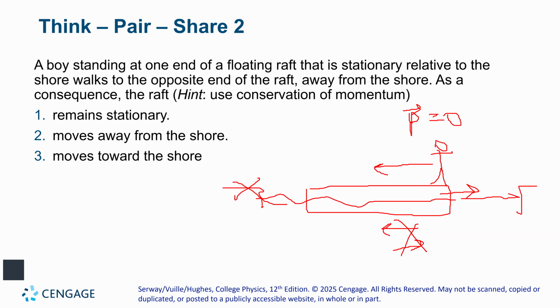That means that in order to maintain the total momentum 0, the other part of the system of boy and raft needs to get momentum in the opposite direction. Or we can say that the boy receives an impulse and gives the same impulse back to the raft, the same impulse but opposite in direction. So that's why the raft will move towards the shore.